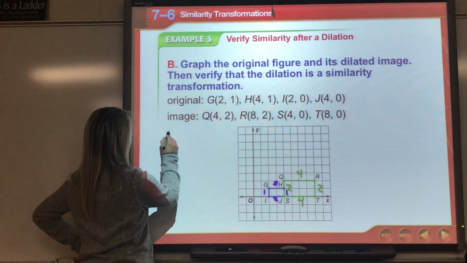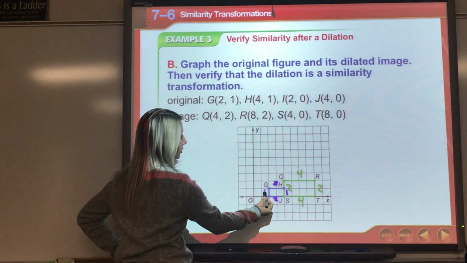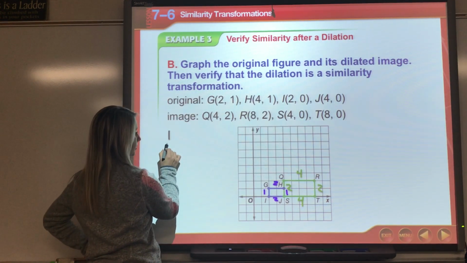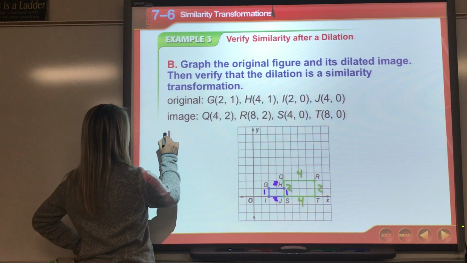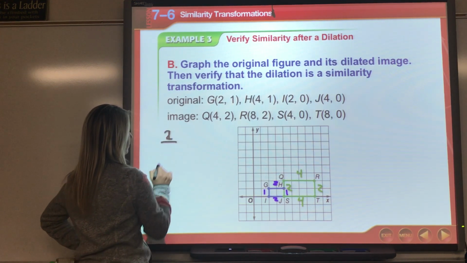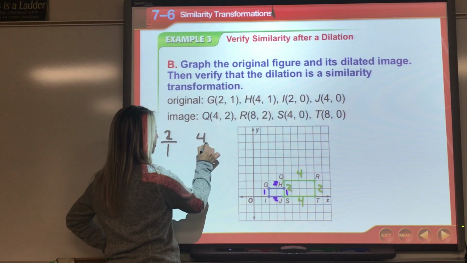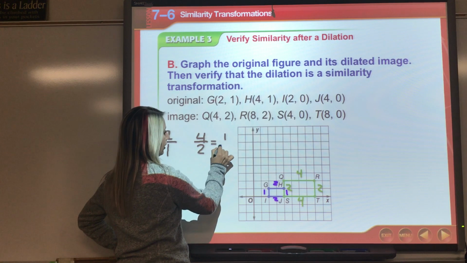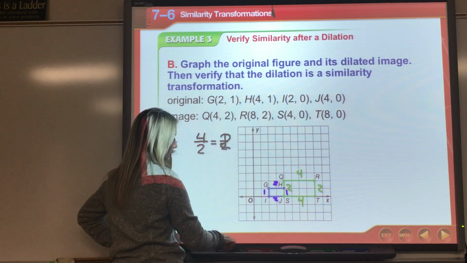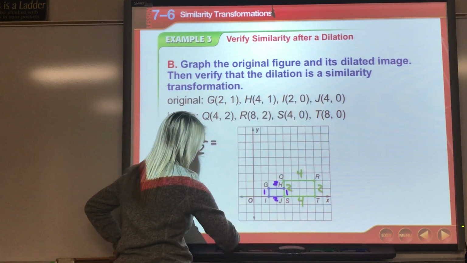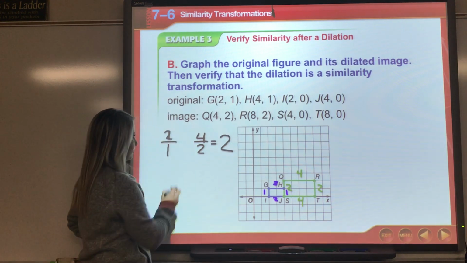So if we look at the left side, we would have 1 over 2, or sorry, 2 over 1. Okay? And then this top, we had 4 over 2, which is equal to 1/2, or sorry, 2. My goodness. Miss Higgins, you're backwards. So here we have 2.